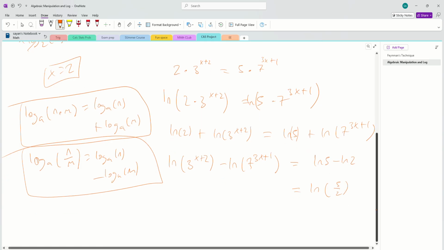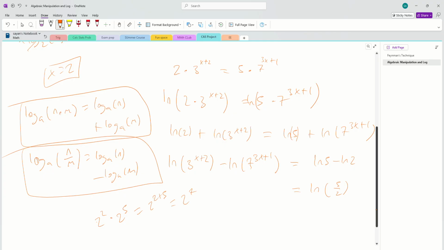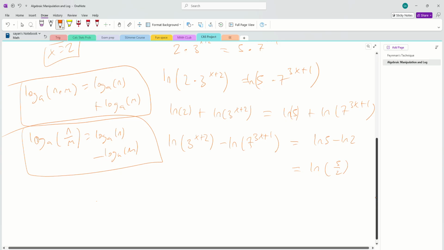I hope that wasn't too fast. Subtraction turns into division. Addition turns into multiplication. The reason is because with exponentials, it's the opposite. Like if I had 2 to the power of 2 times 2 to the power of 5, that's equal to 2 to the power of 2 plus 5, which is 2 to the 7, right? So log is just the opposite, really.